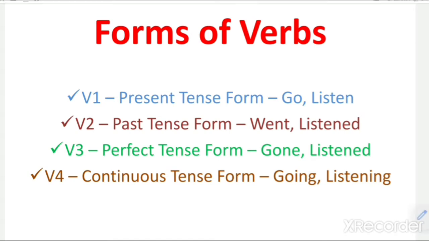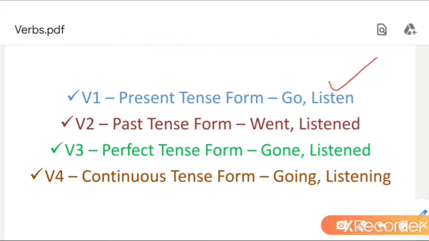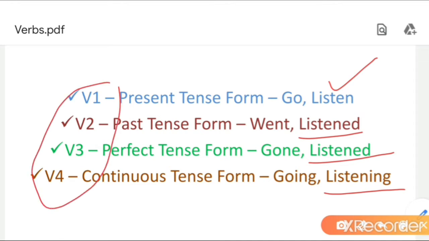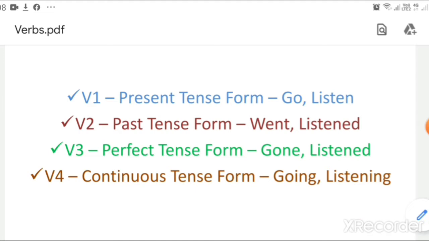Similarly, forms of the verb listen are listen, listened, listened, and listening. These 4 forms we use in all tenses, active passive voice, and modal auxiliary verbs as per their usage.